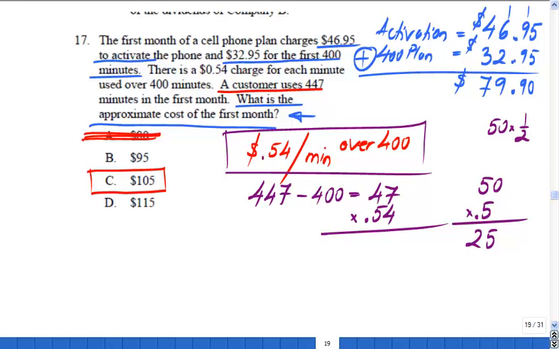Basically, if you add your 25 to the approximate $80 that you have to pay for your first month plan, no matter what, 25 plus 80 is going to be 105, right? If you're still uncertain, you can go ahead and do this multiplication.